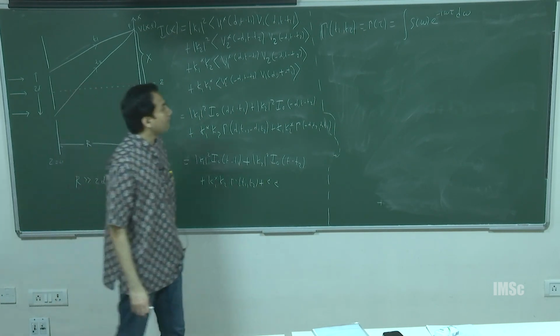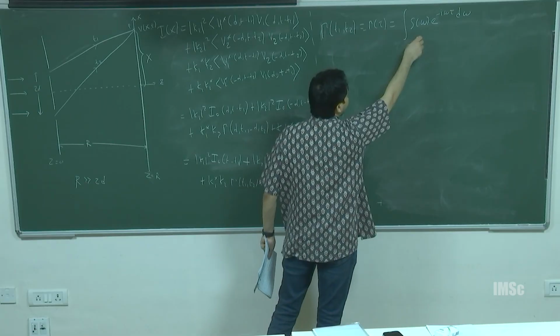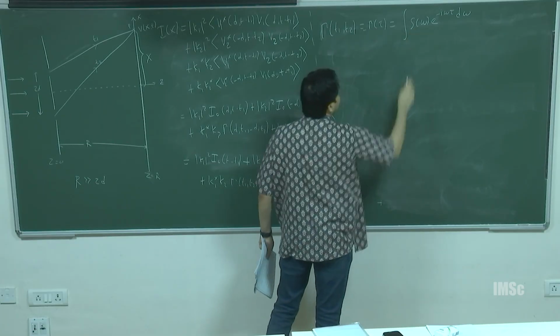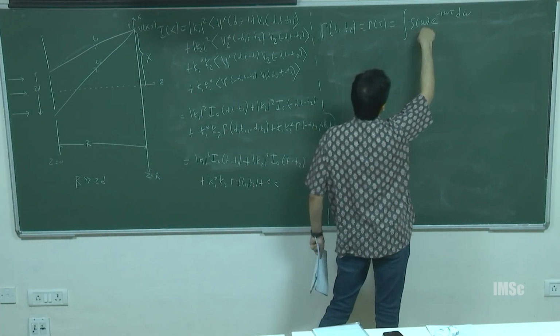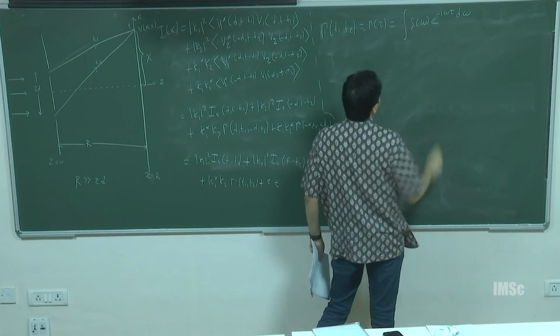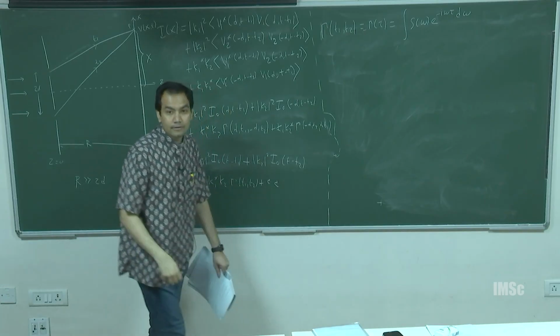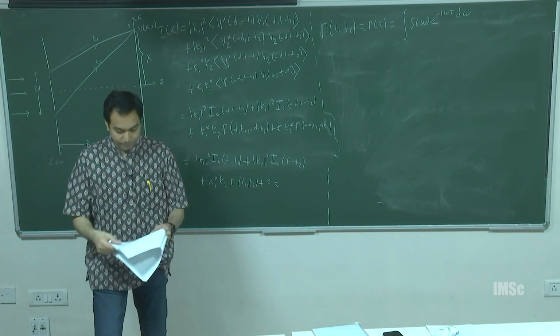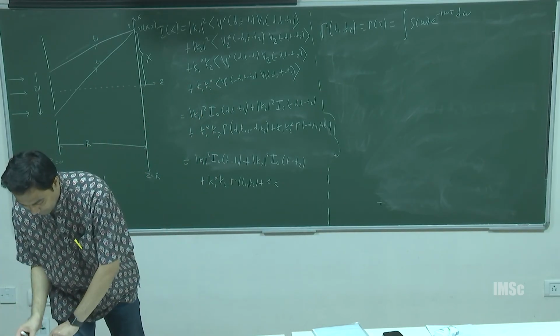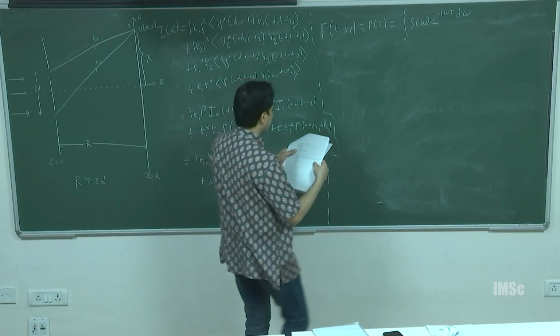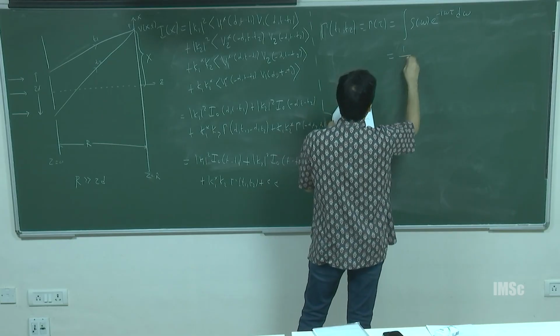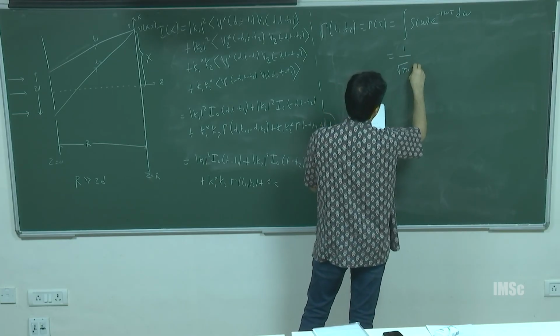So it's tau that matters, and gamma of tau is related to the spectral density this way. So they form a Fourier transform pair, and this is the Wiener-Khinchin theorem, right? So we know what S of omega is. That's given to us. So we just plug that one in.